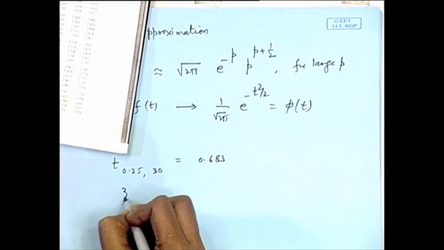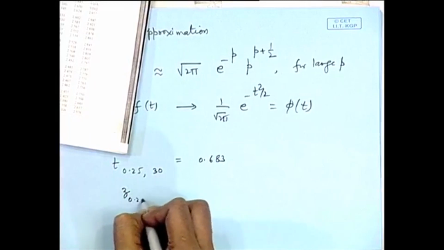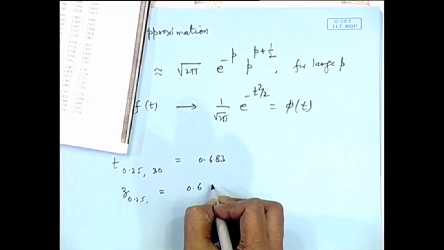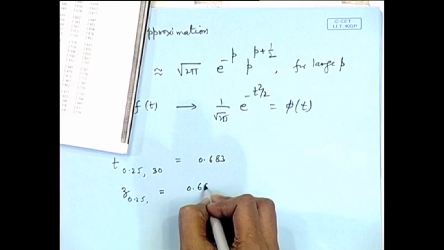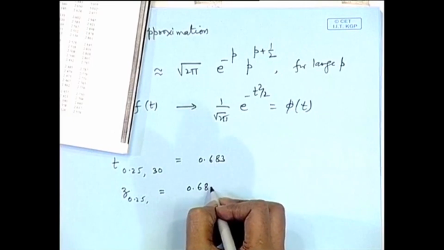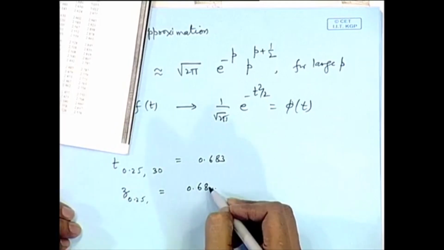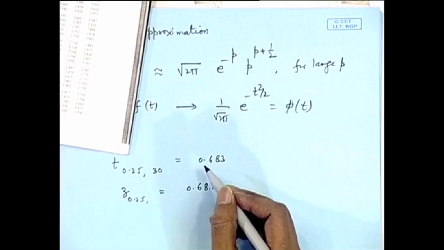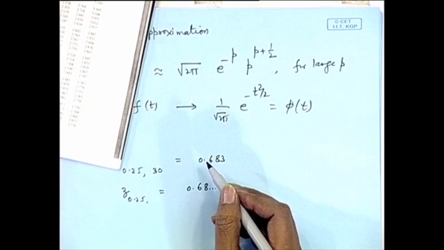If I consider that as the z point, z 0.25 is equal to 0.68, and since this table is given only up to 2 places, I cannot predict here, but it is pretty close as you can see. In fact, the tables are not given beyond 30 in most cases, because the approximation is extremely good. In fact, at 120 the value is almost equal.